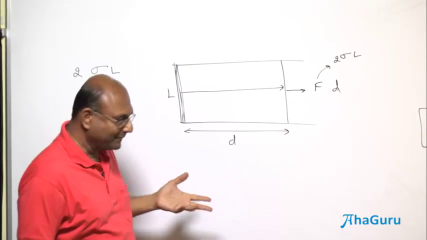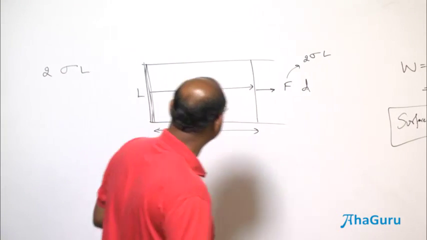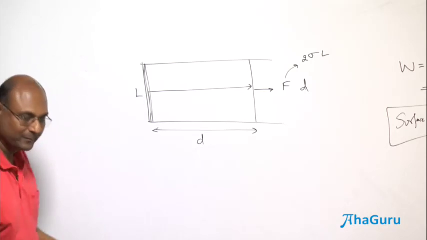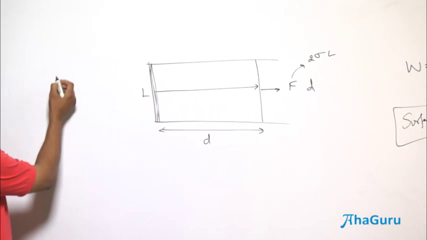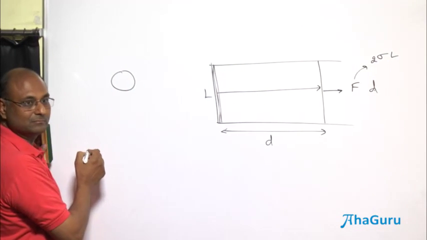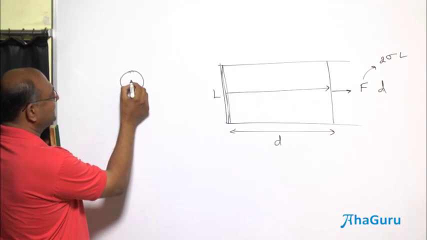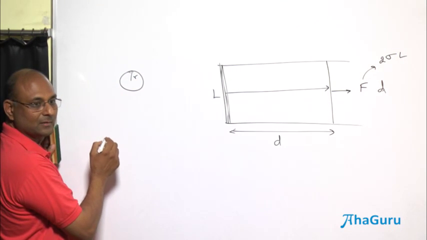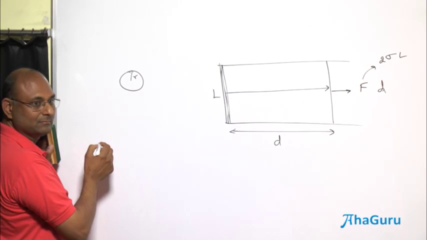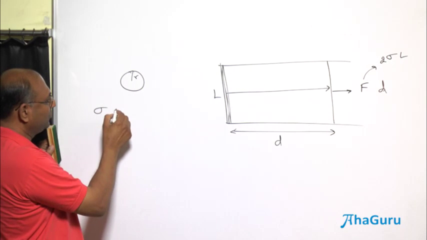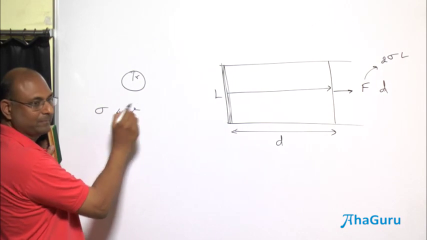Now this is a very useful idea because you can use it to solve different types of problems. For example, if I had 1 drop of water which has radius r, how much is the surface energy? Sigma into 4 pi r square.